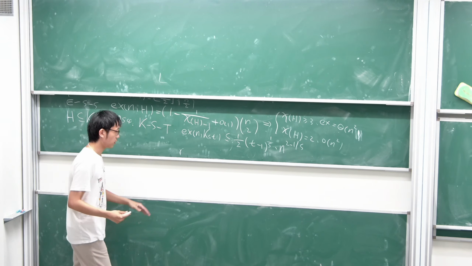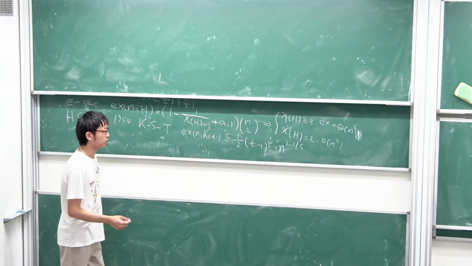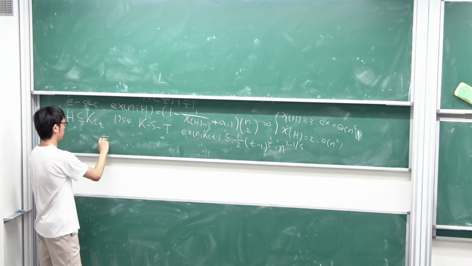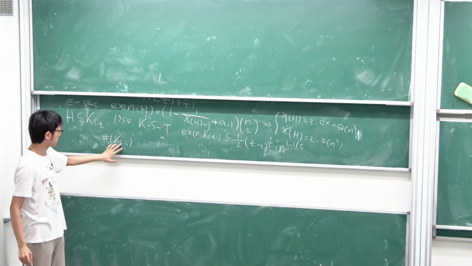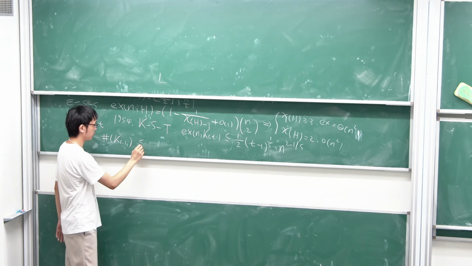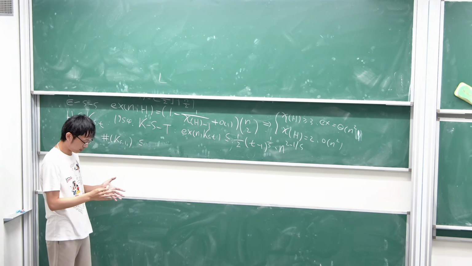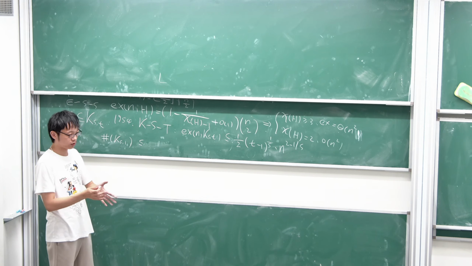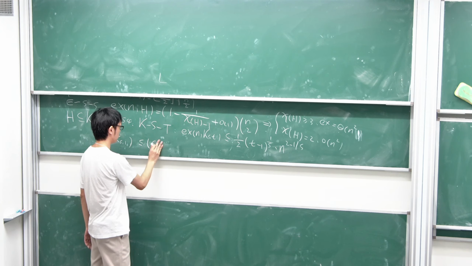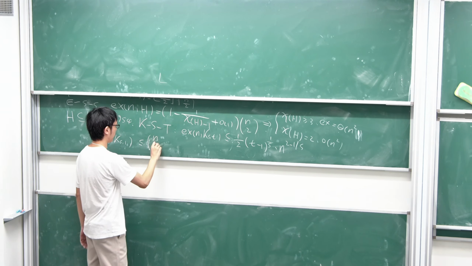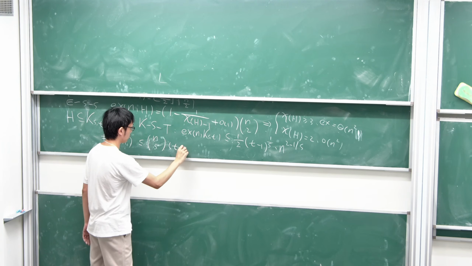For one of the proofs, we just need to double count the number of K_{1,s}, the stars with s leaves. On one hand, as any s vertices have at most t minus 1 common neighbors, this is at most n choose s times (t minus 1).